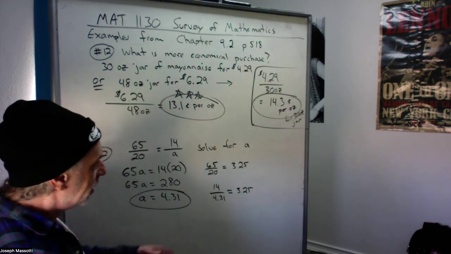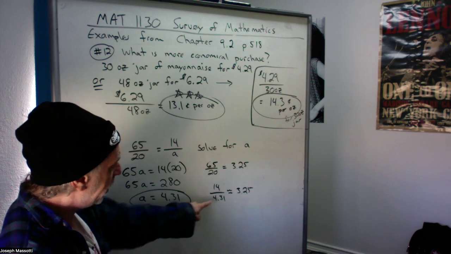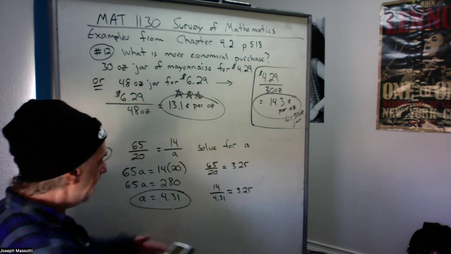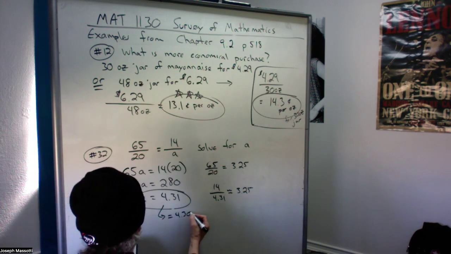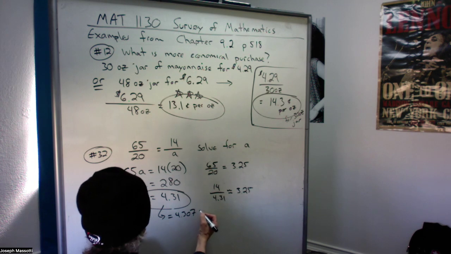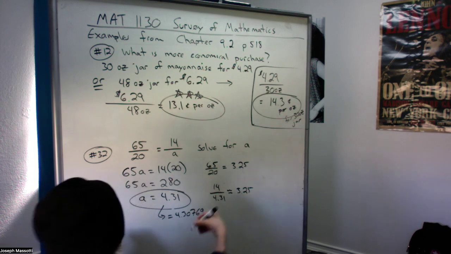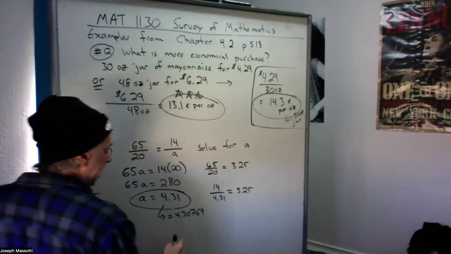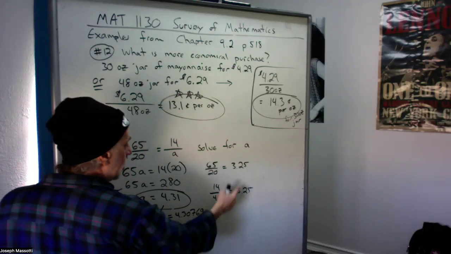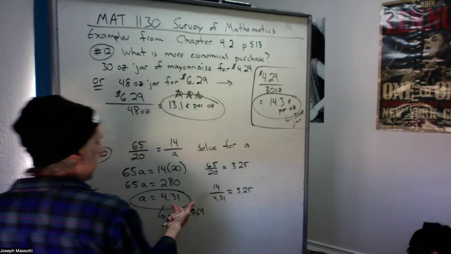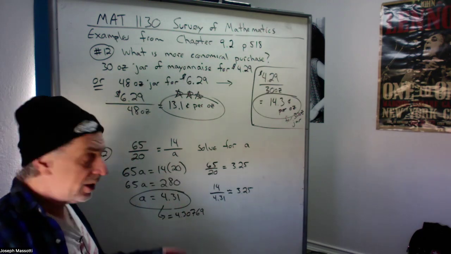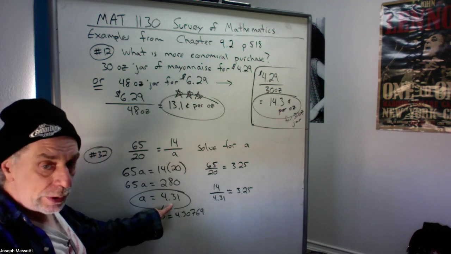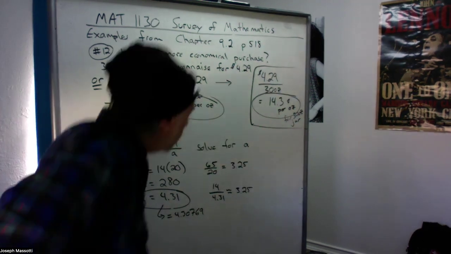The only reason it's a little bit off is because we rounded, and this number was actually more equal to 4.30769 and a couple more numbers. If you put this in, you'll get even closer to 3.25. But if you were asked to round to 2 decimals, this would be your answer, 4.31. All right, so ratios.